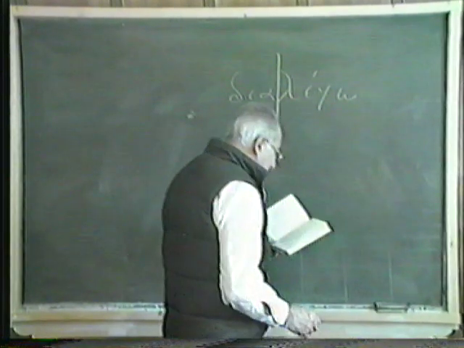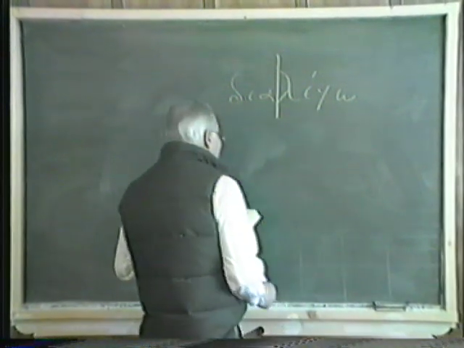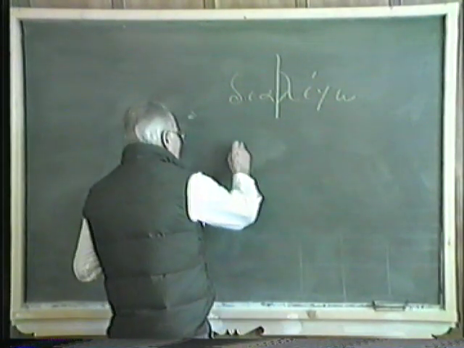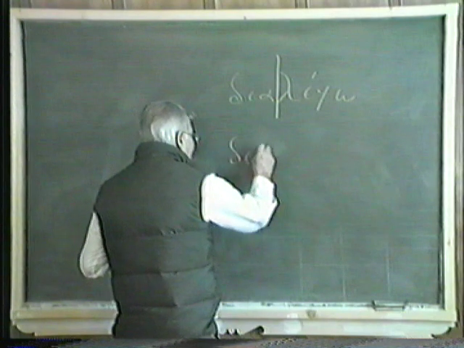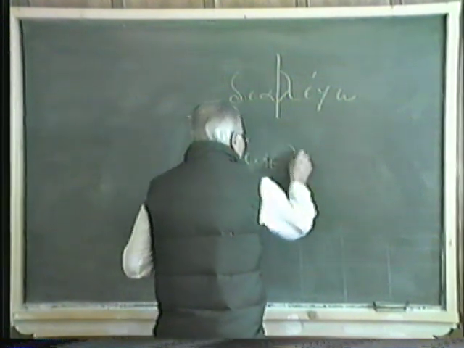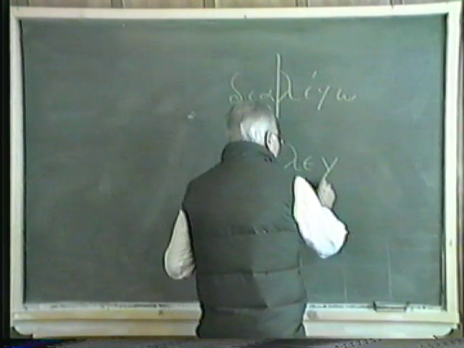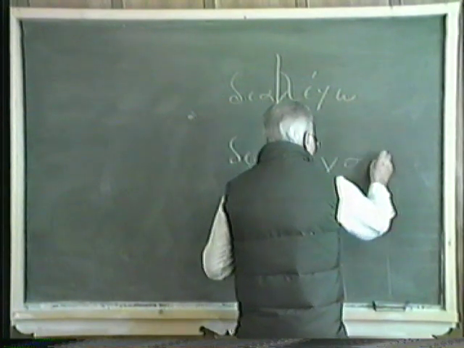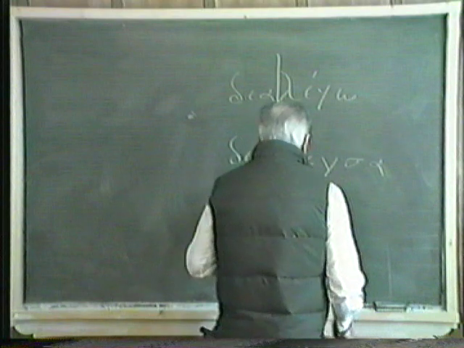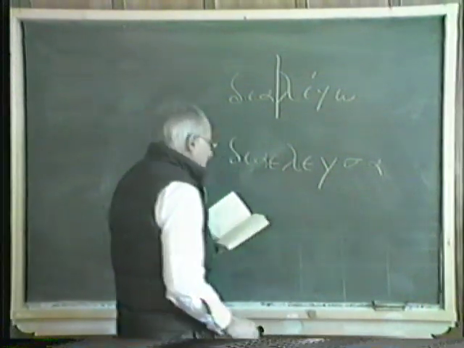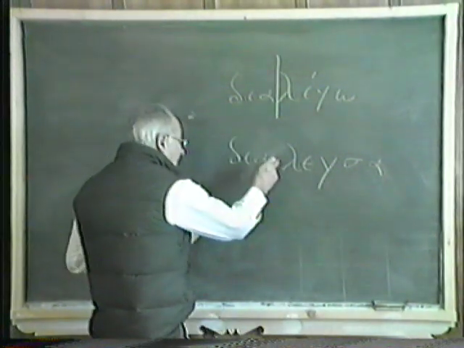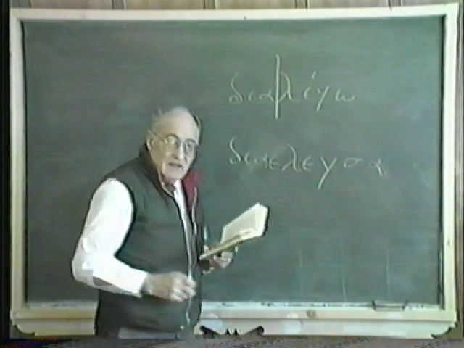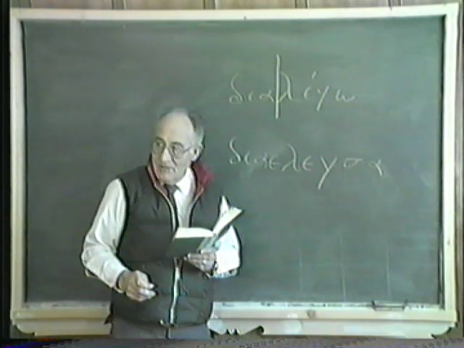Now then he says, listen, I want to make that into a first aorist, and so in order to make it into a first aorist, I have to do this to it, and so I got lots of things I got to change, because the augment never goes before the preposition.